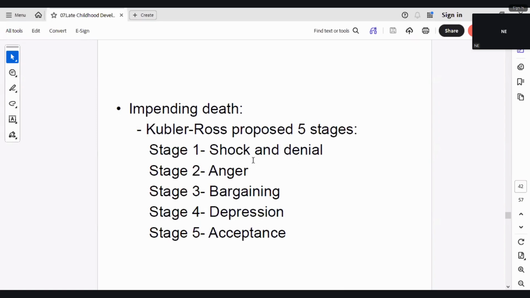Now, how long each takes is so variable. We usually get consulted at the stage when people are depressed, they stop eating, low mood, they're tearful, their sleep is poor. So we are called in here. Usually in palliative care, it's a team.